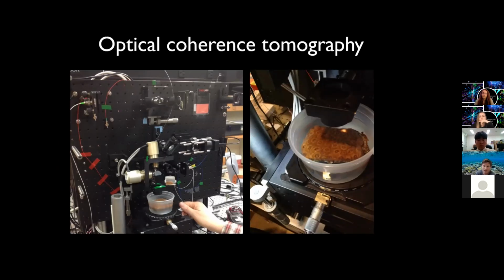It uses near-infrared light, which penetrates the tissue nicely, especially in such coral tissues where there's minimal absorption in this optical window. What you can see here is a custom-made OCT system and a big chunk of coral, and it's being imaged here.